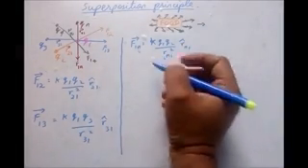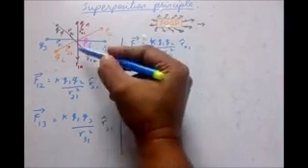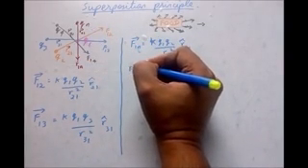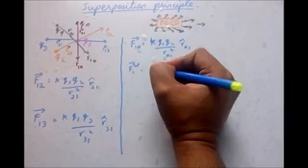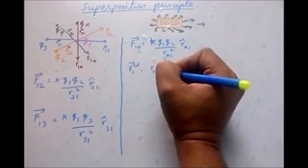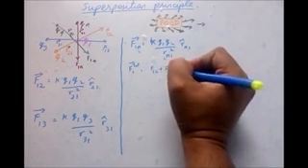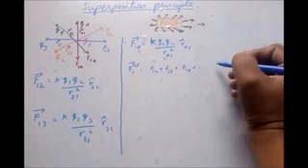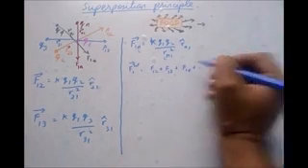Now we have to add all the forces vectorially. So the total force on 1 is equal to force on 1 due to 2, plus force on 1 due to 3, plus force on 1 due to 4, and so on, up to force on 1 due to n.